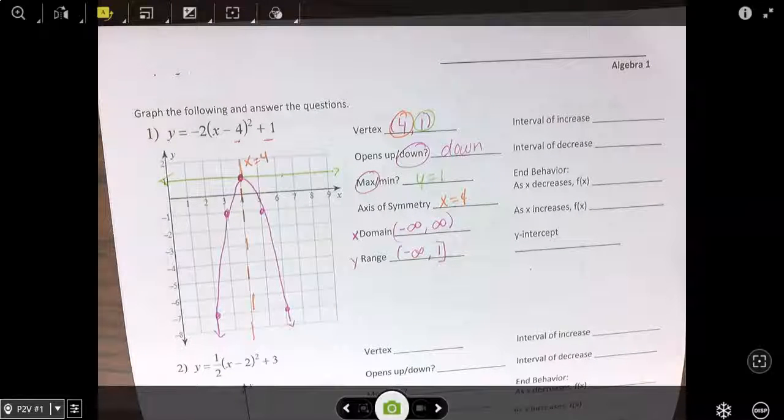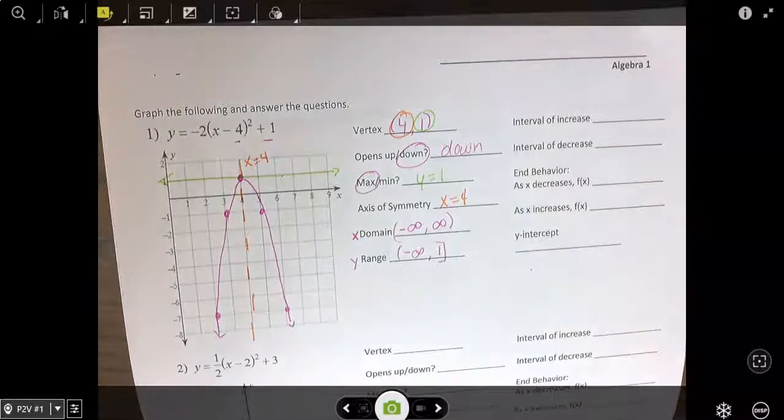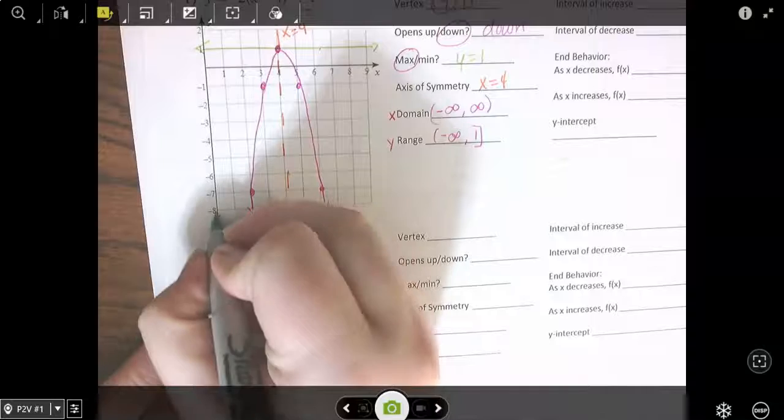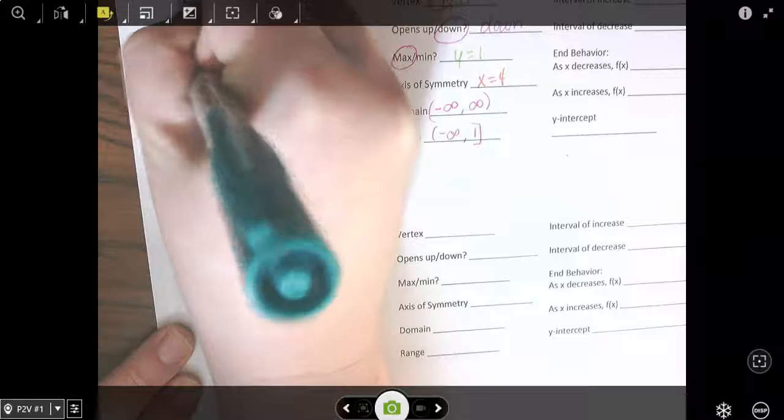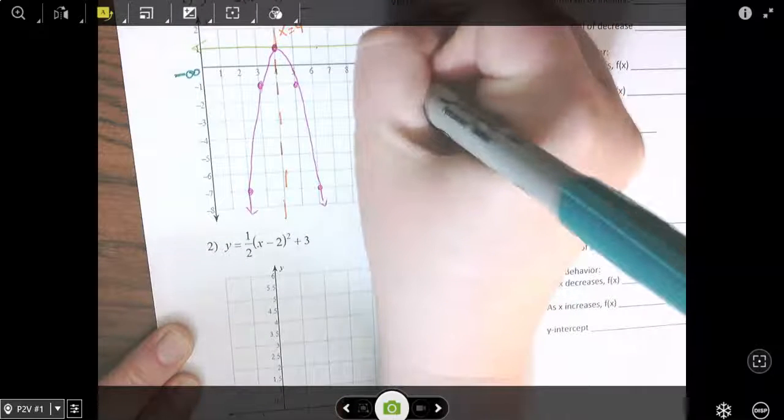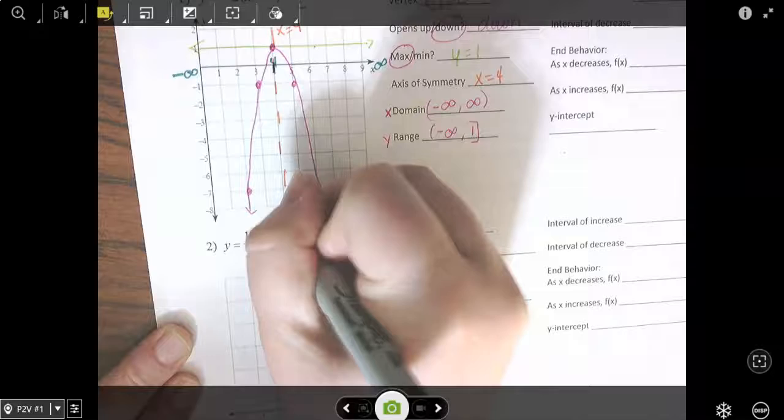Okay. Interval of increase and decrease. This was something new. So if you look at your x-axis, over here's -infinity, over here's infinity, and then in the middle of the graph we have 4. I'm going to carry that down to here.